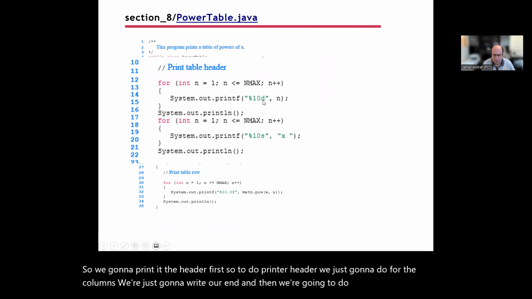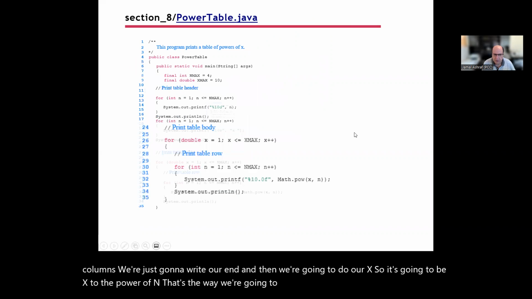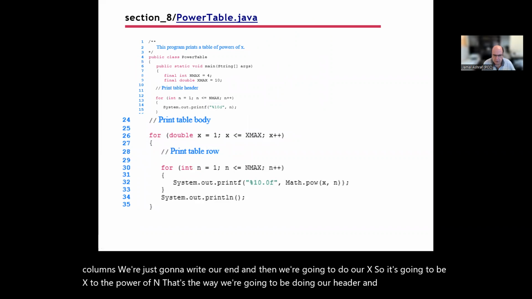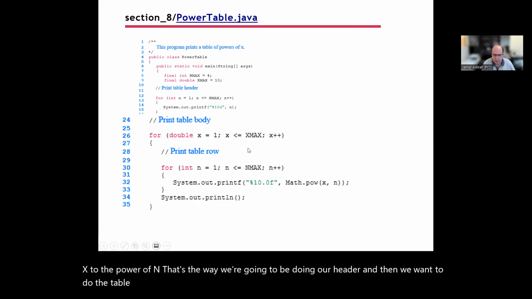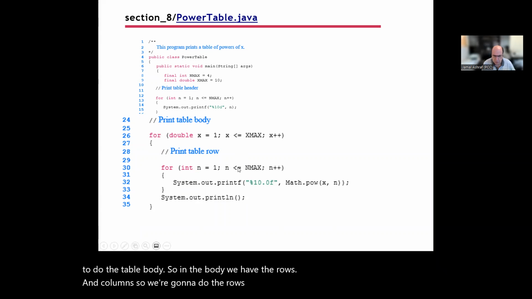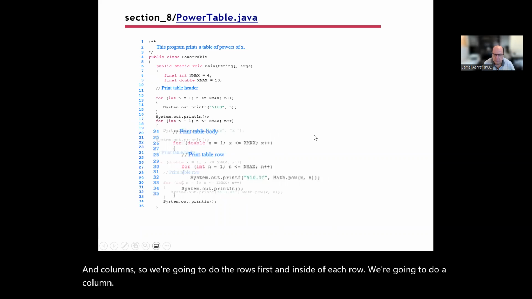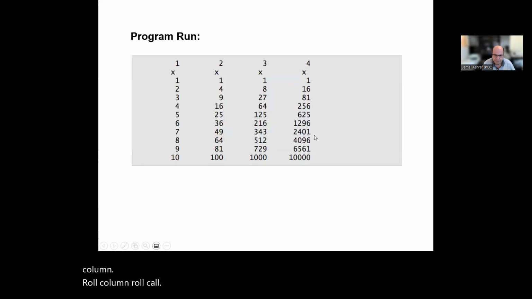So it's going to be x to the power of n. That's the way we're going to be doing our header. And then we want to do the table body. So in the body, we have the rows and columns. We're going to do the rows first, and inside of each row, we're going to do a column. Row, column, row, column. And that's going to print out.